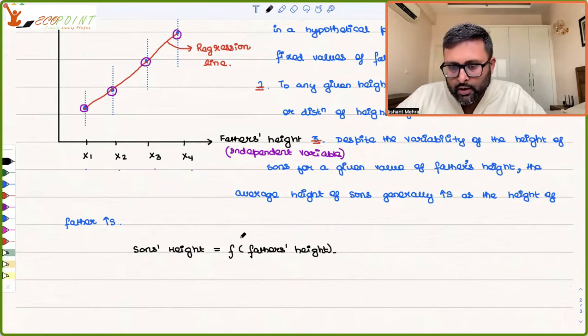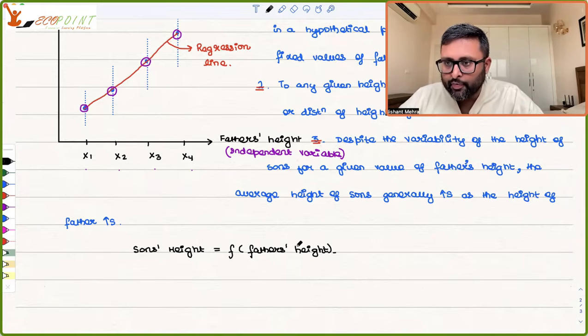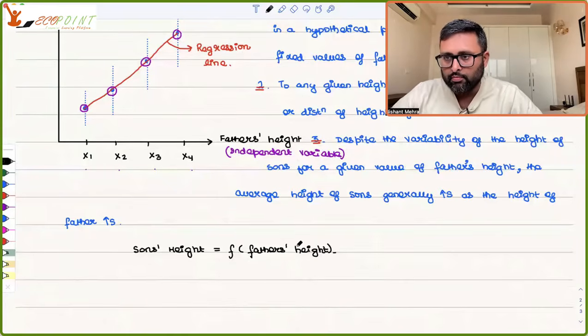This is what it is. So you want to predict the average value of the son's height for a given value of father's height. You want to predict that. So if you're given this father's height, then by the regression analysis you should be able to predict that this is going to be the son's height, right?